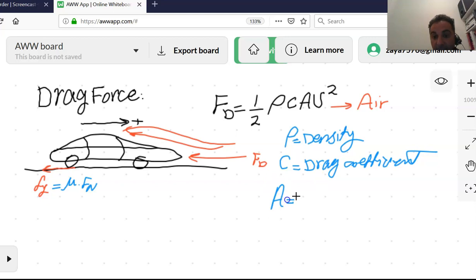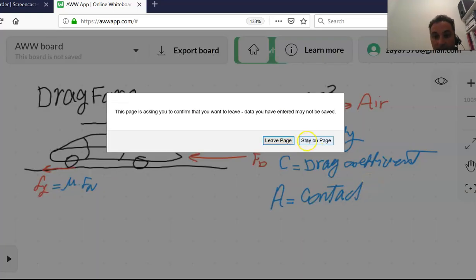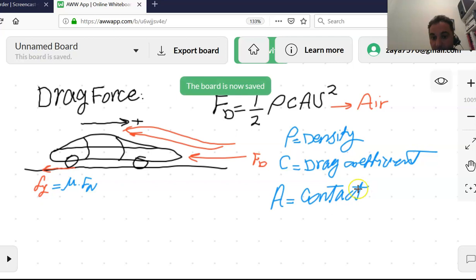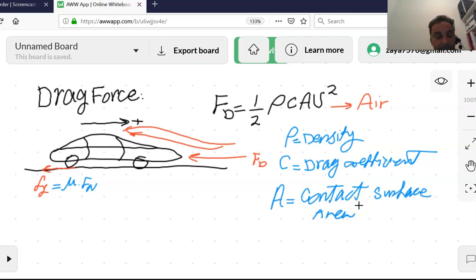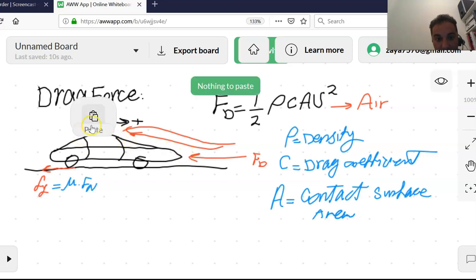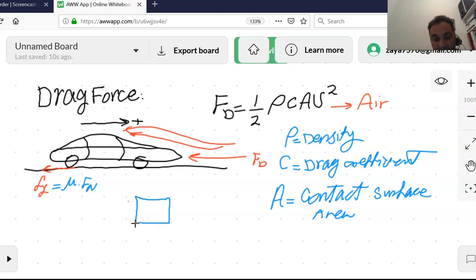What is A? It's the contact surface area. So here, what is the contact surface area of the car? We can say it's, of course, like a square, correct? Or a rectangle, let's say.